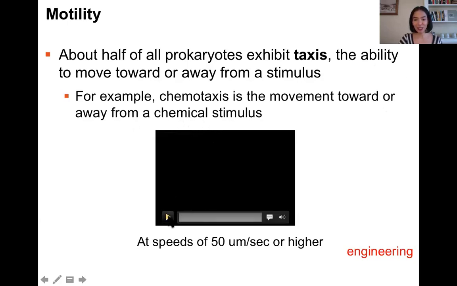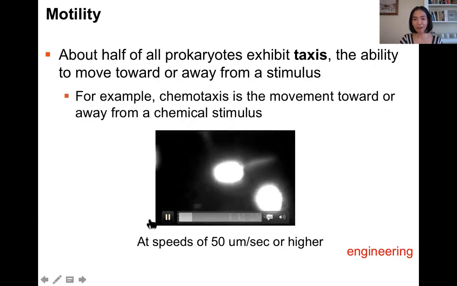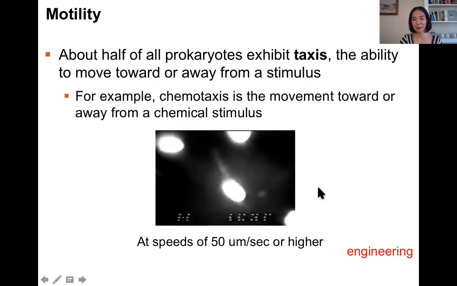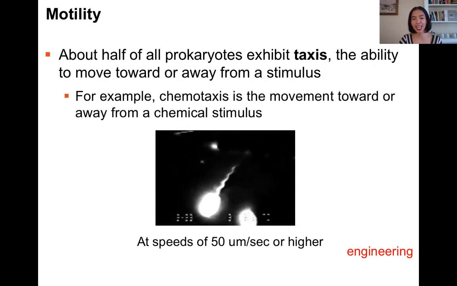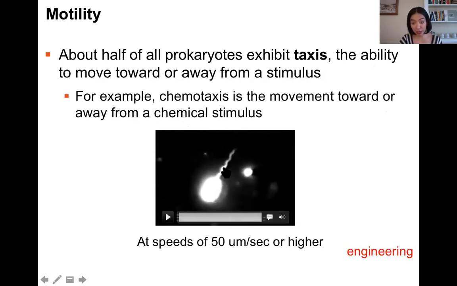Let's take a look at this short video for you to see how fast bacteria can be. And you might not be impressed because these are tiny little creatures, and you can see the flagellum right here. Wow. But then these bacteria or these prokaryotes can have a speed of 50 micrometers per second or higher.